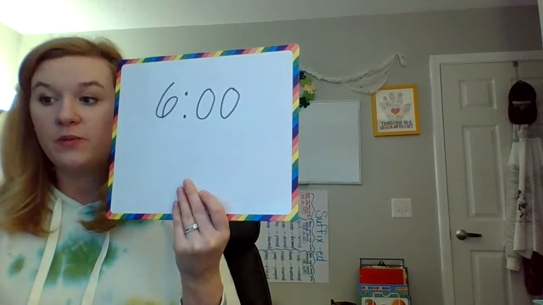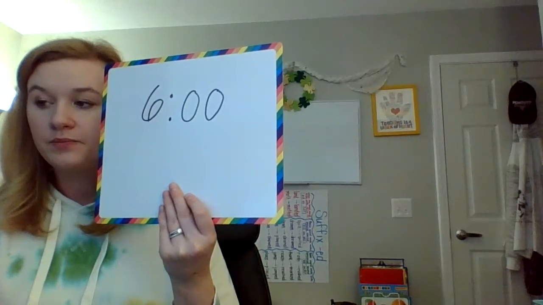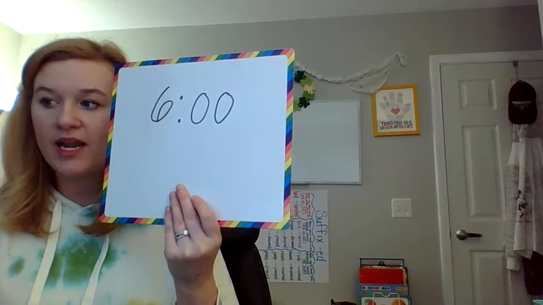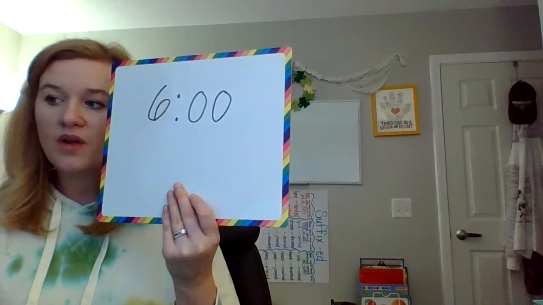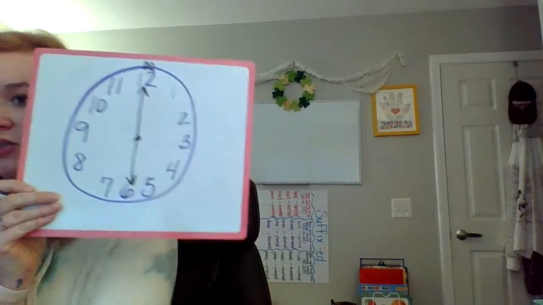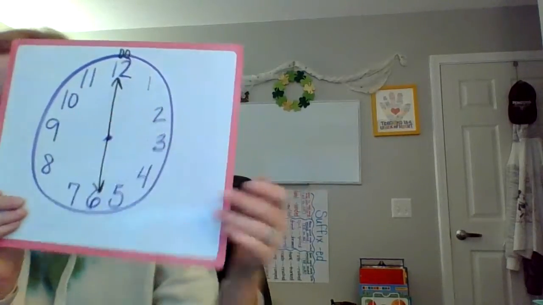Okay, careful with this one. I see a lot of friends who either have two short hands, two hour hands and no minute hand, or they have them too long. So you don't want to draw your hour hand and your minute hand like this, because if I didn't give you that digital time, you wouldn't know what time this is. It could be 12:30 or it could be 6 o'clock.